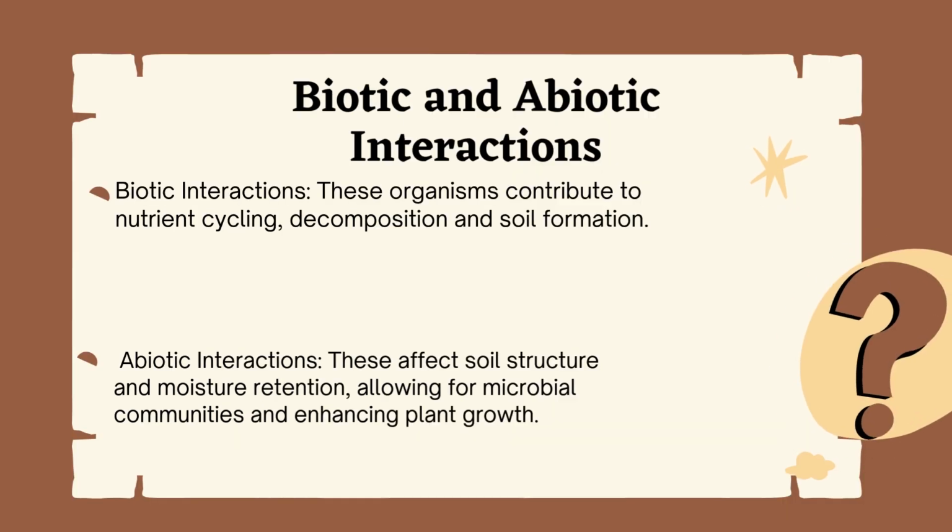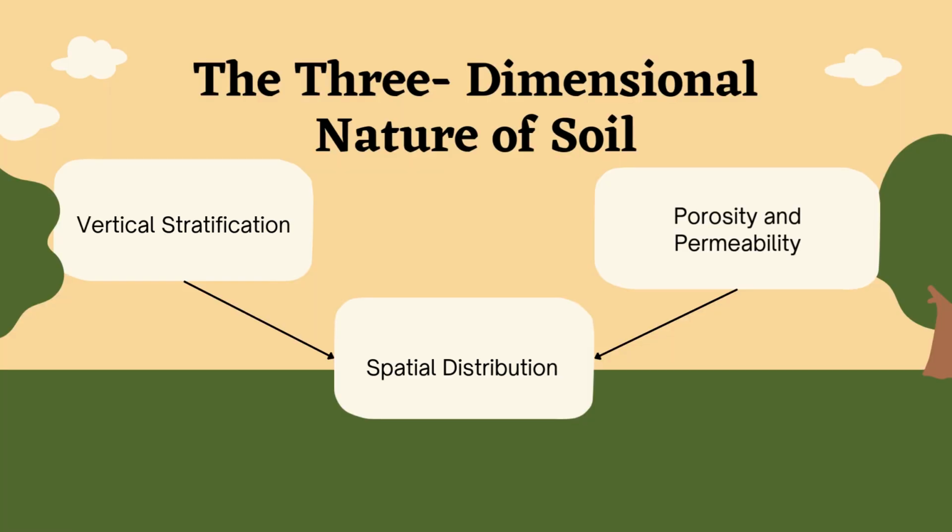Biotic interactions: these organisms contribute to nutrient cycling, decomposition, and soil formation. Abiotic interactions: these affect soil structure and moisture retention, allowing for microbial communities and enhancing plant growth. Here is the three-dimensional nature of soil: vertical stratification, spatial distribution, and porosity and permeability.